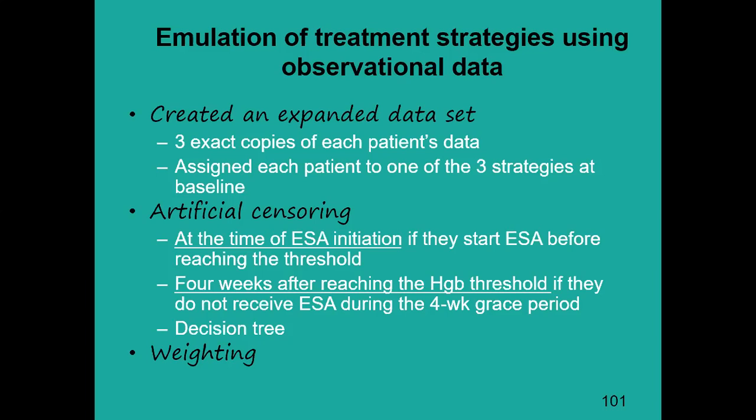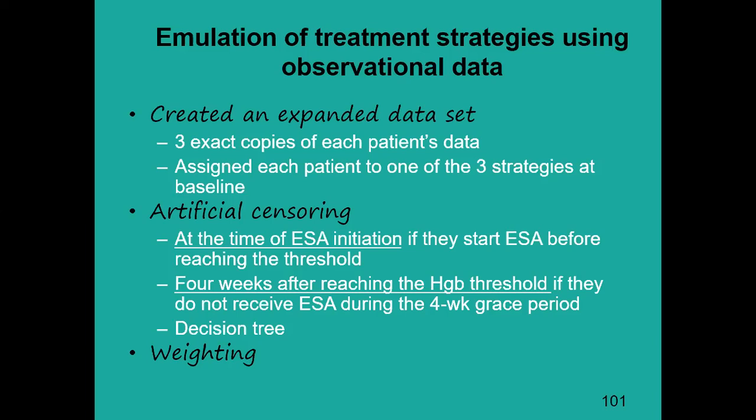So at the time of ESA initiation, if they start ESA before reaching the threshold, that means for this scenario we need to censor them, because they deviate from the treatment strategy that we assigned them to at the beginning.